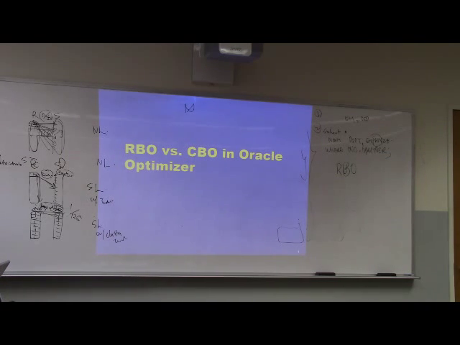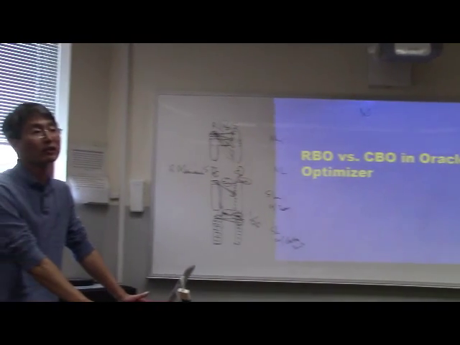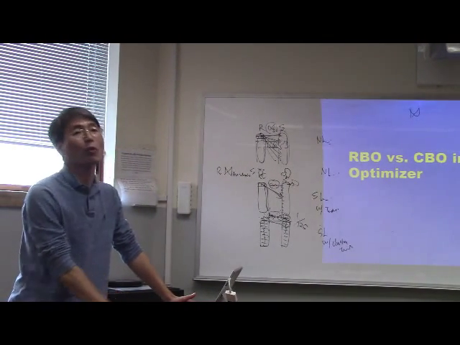This slide shows the comparison between the rule-based optimizer and the cost-based optimizer. Nowadays, the cost-based optimizer is the default, so if you do not change anything, it's a cost-based optimizer. But it was not so in the old versions, Oracle 7 and 8. The default was the rule-based optimizer. Why?